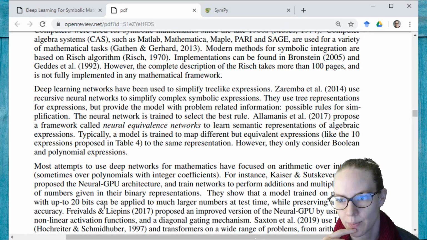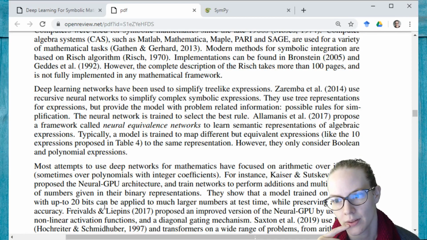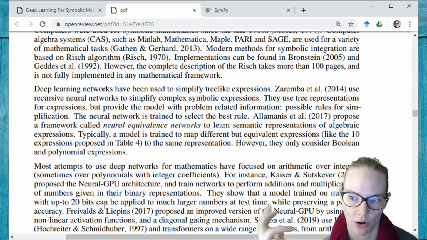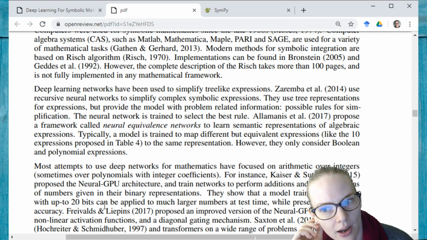So this is sort of a hybrid system that has rule-based expert system components and then also a neural network component.